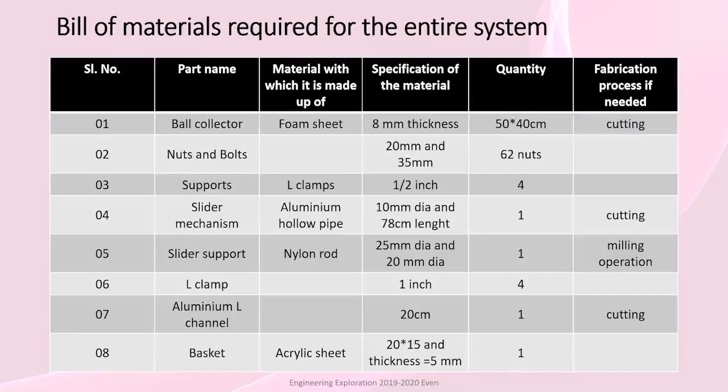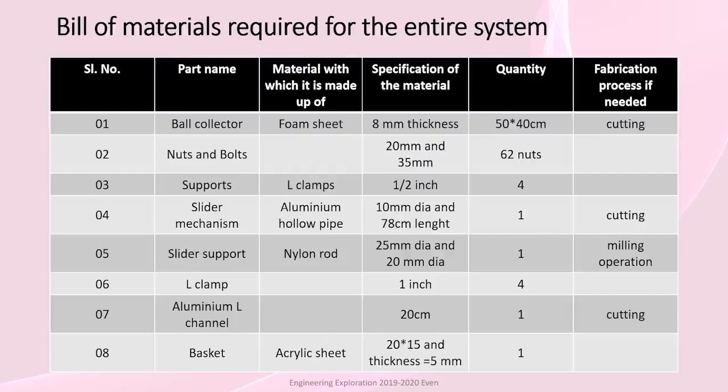Bill of materials required for the entire system. So all the components and materials required for our course project are listed below. First, serial wise, is the ball collector. Using foam sheet we are making it, and second is nuts and bolts.